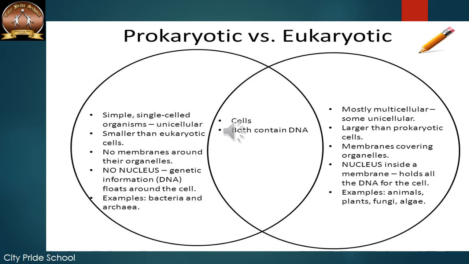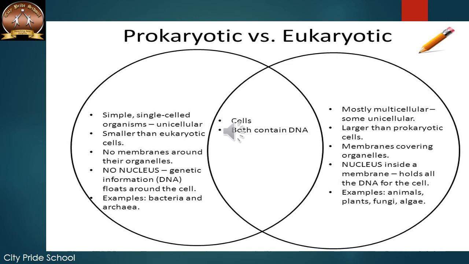In some cells, the primitive cells, the nuclear material is there, that means the DNA, RNA, everything is there, but it is not bounded by a separate membrane or covering. Such types of cells are termed as prokaryotic cells. Karyotic means nucleus and pro means primitive. So it's a primitive nucleus, which does not have the nuclear material enveloped in a membrane.